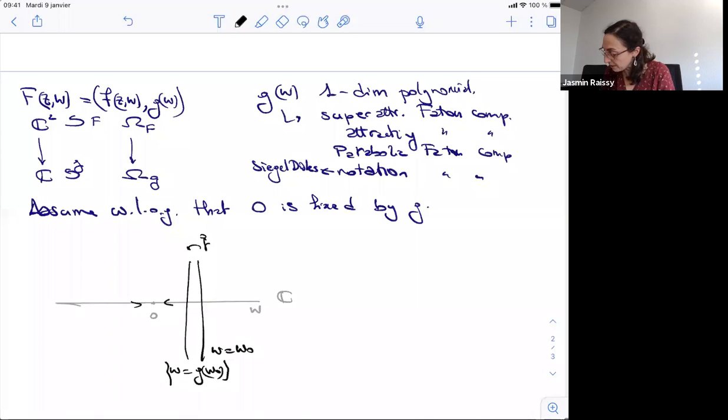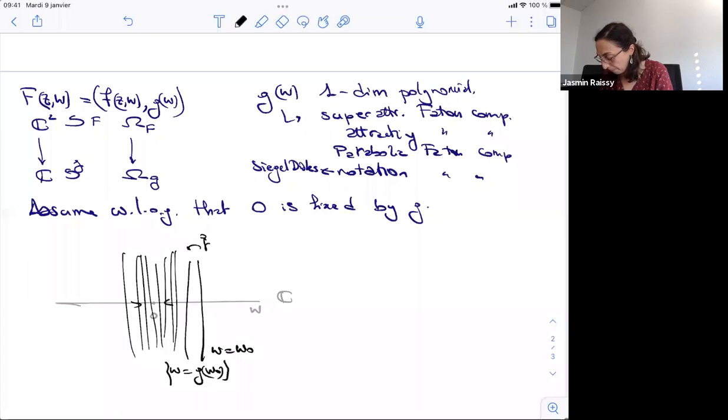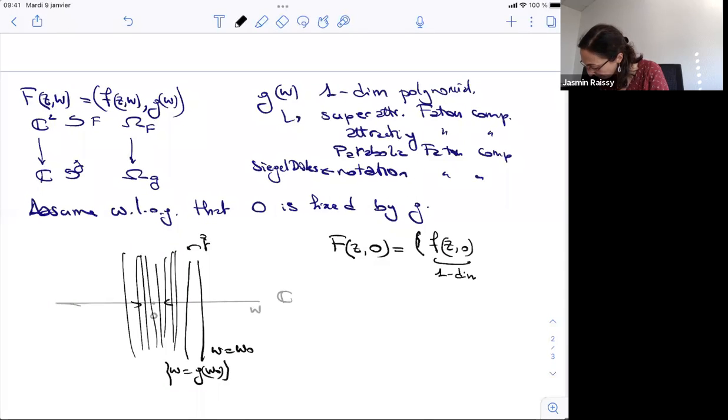And so if I'm in this attracting case, these orbits are going to accumulate. So I have these fibers and I have a special one: w equal to 0, because if I consider f of z, 0, then it's simply going to be f of z, 0, which is one-dimensional, well, g of 0, but g of 0 is 0.